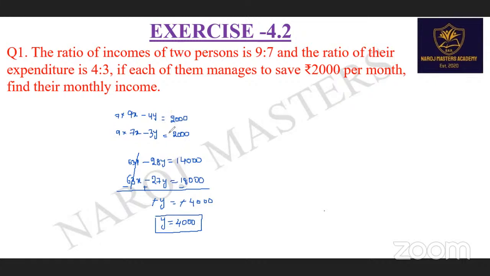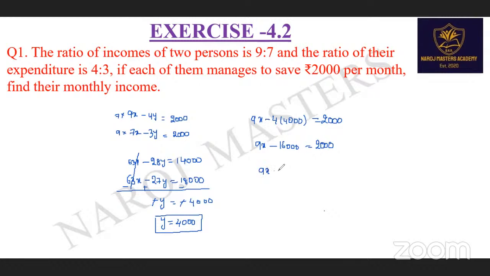Then substitute this y value in either the first equation or the second equation, then you will get your x value. So 9x minus 4 into 4,000 is equal to 2,000. 9x minus 16,000 is equal to 2,000.